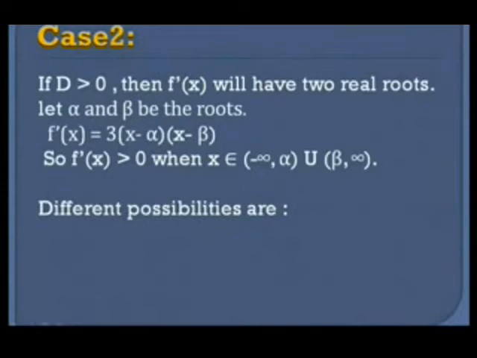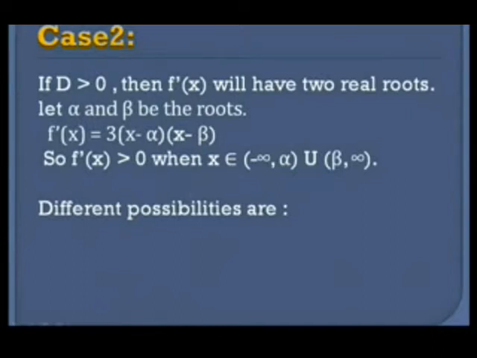Now case number 2 is if we take the discriminant greater than 0, then f'(x) will have two real roots. Let us say that alpha and beta are these two roots, and so we can write f'(x) = 3(x − alpha)(x − beta).